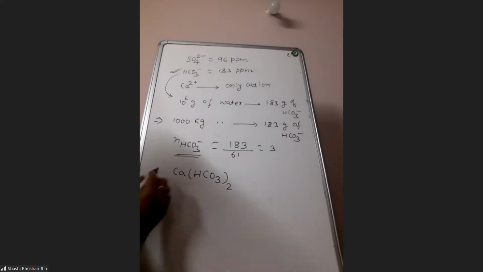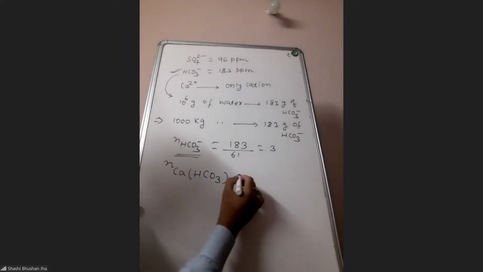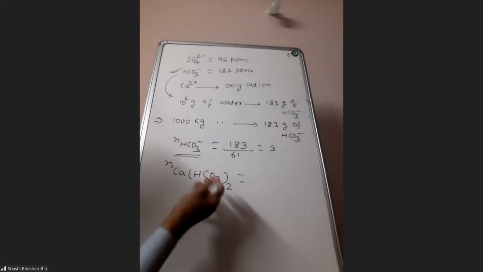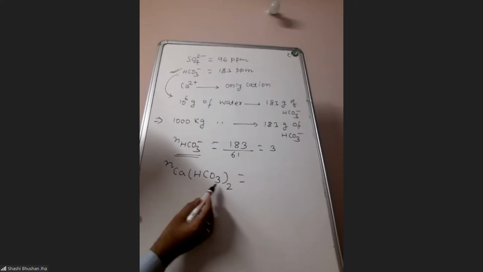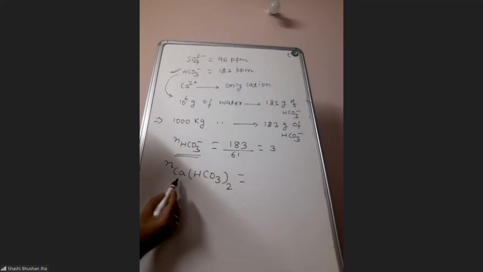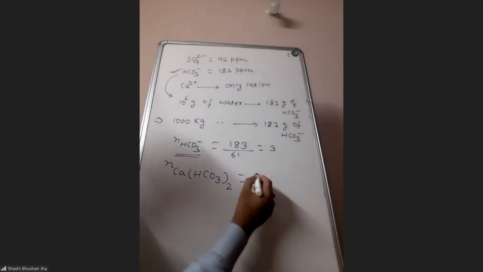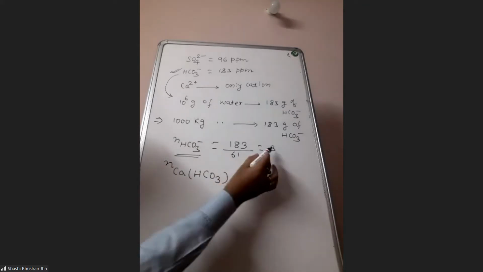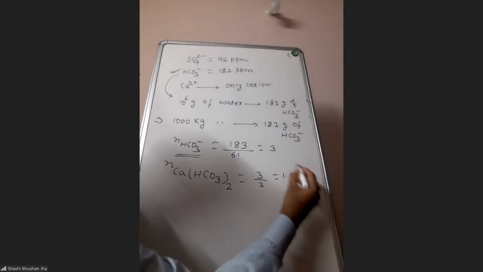So now if you calculate the number of moles of calcium bicarbonate, then you see in 1 mole of calcium bicarbonate, the number of moles of bicarbonate is 2. Then obviously the number of moles of calcium bicarbonate is half of the number of moles of bicarbonate. So this will be 3 by 2. If bicarbonate is 3 moles, calcium bicarbonate will be 3 by 2 moles, means 1.5 moles.